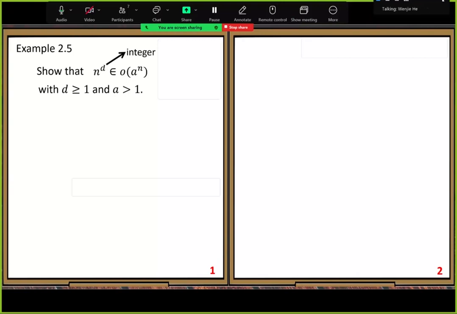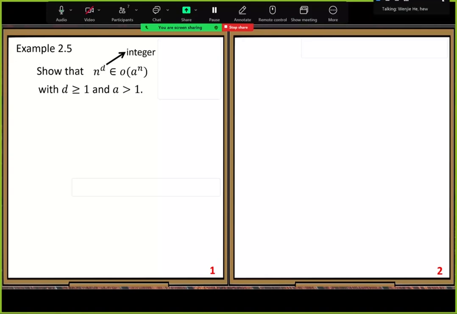At the beginning, we consider d as a positive integer because it's easier to do the calculation. Later we will remove this assumption and make a weaker restriction.